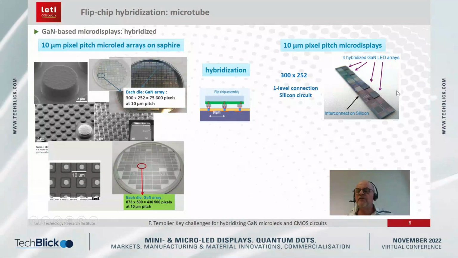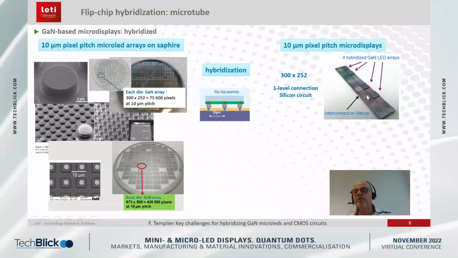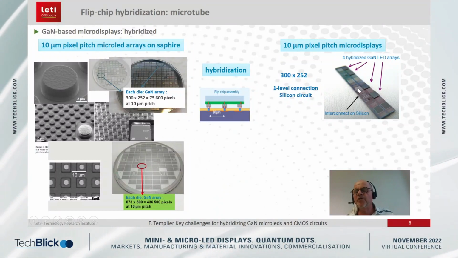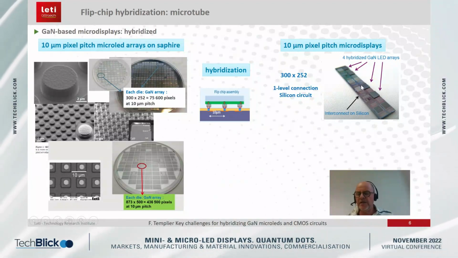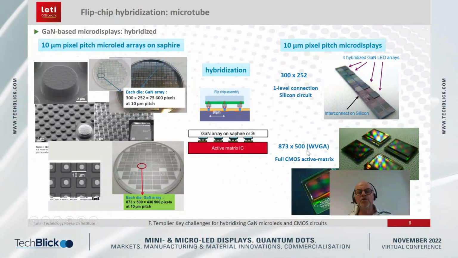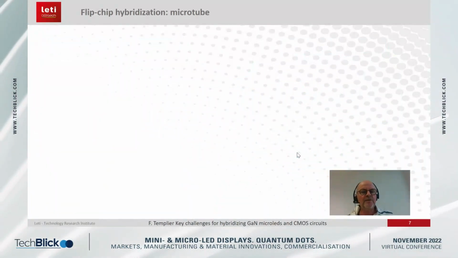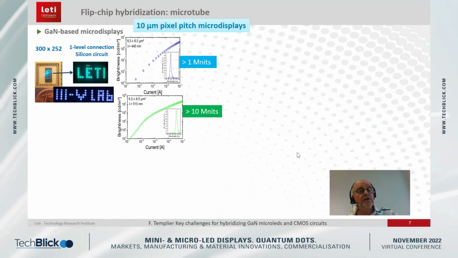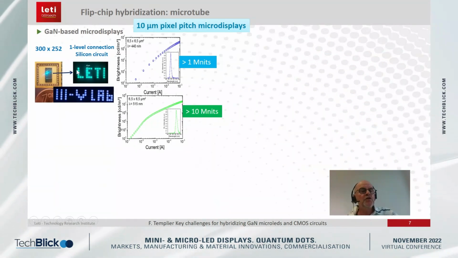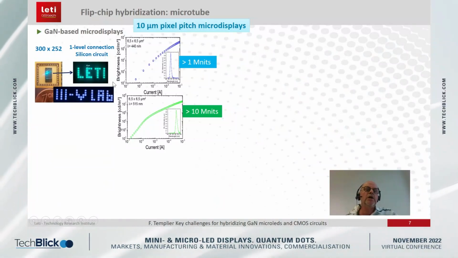A first generation of prototypes was made with a limited resolution and a very simple circuit, not a CMOS, a simple silicon with some connections to drive some pixels, and the second generation with an active matrix, higher resolution, and so on. I will show you brief results of these prototypes made with the microtube technology. For the first generation, just small pixels, small logos, but just to show the potential of this technology.